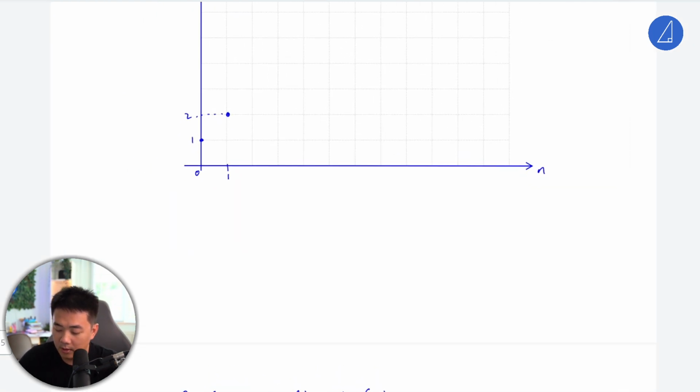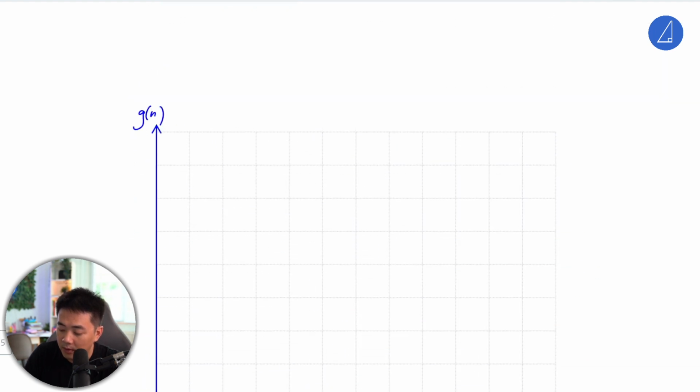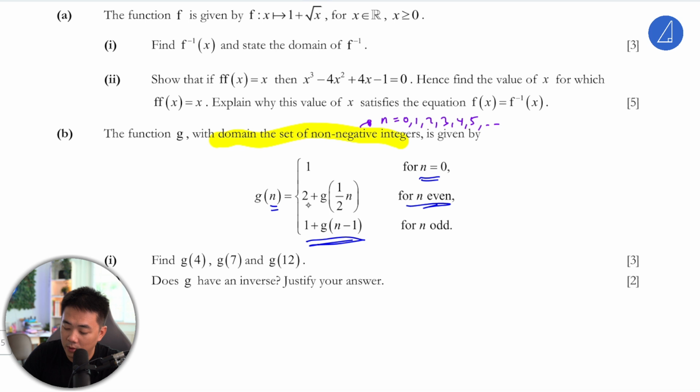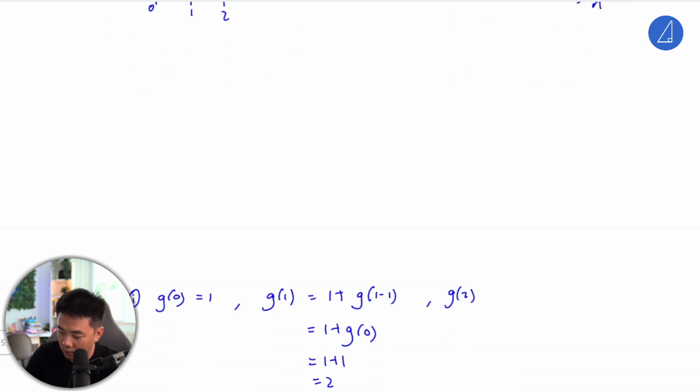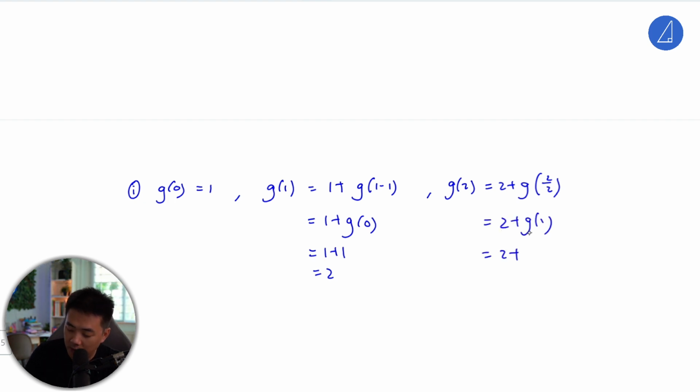I'm just plotting roughly, and then I need to find g2, so I continue iterating. g2: 2 is an even number, so we need to use 2 plus g(n over 2). That is 2 plus g(2 over 2), which is 2 plus g1. g1 is 2, right?